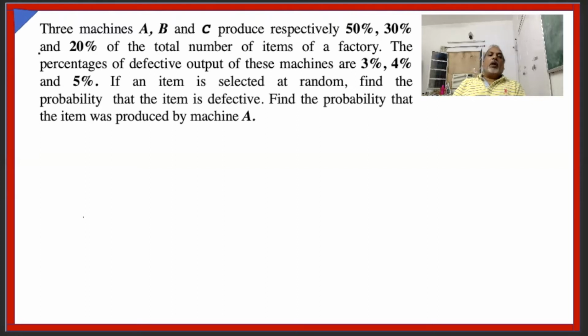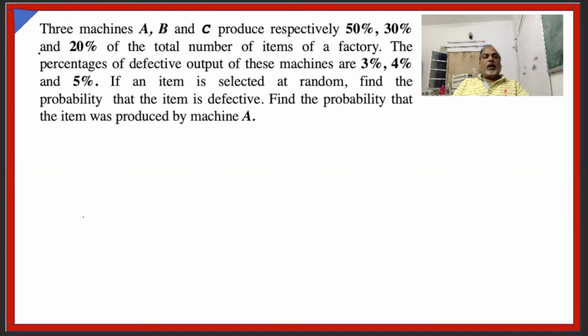Three machines A, B, C produce respectively 50%, 30% and 20% of the total number of items of a factory. The percentages of defective output of these machines are 3%, 4% and 5%. If an item is selected at random, find the probability that the item is defective.